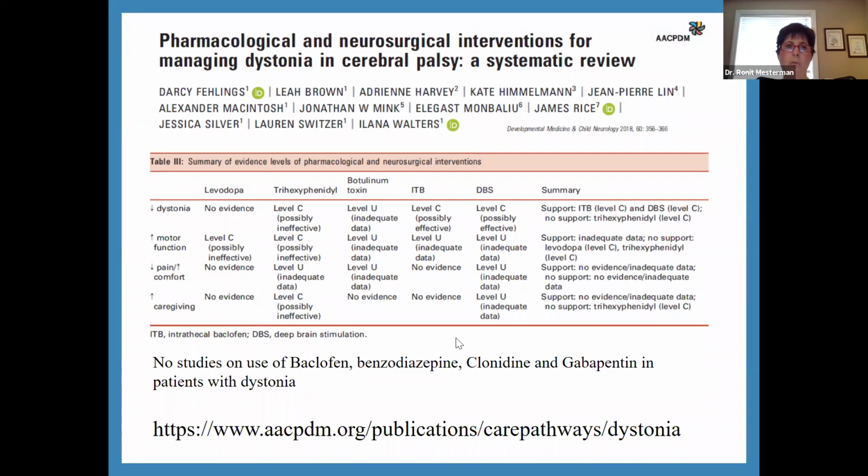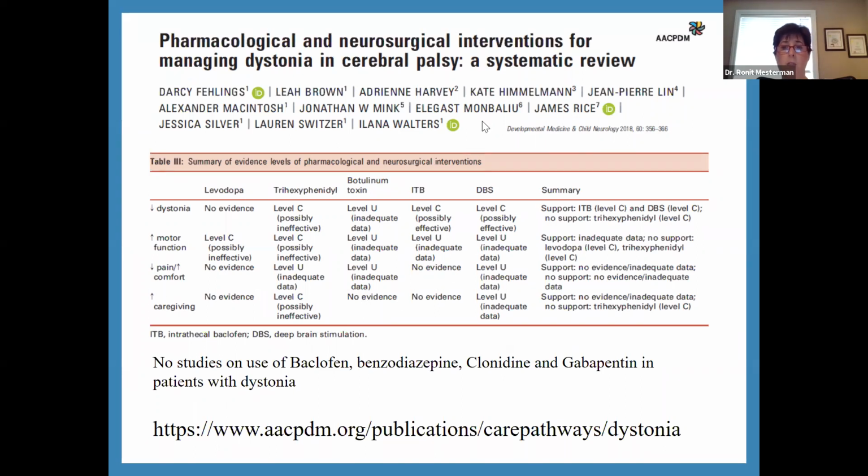Now, when we go to the pharmacological treatment of dystonia, if I mentioned that we had not many papers looking at the use of oral medication for spasticity, we actually have even fewer papers and fewer trials assessing that for dystonia.